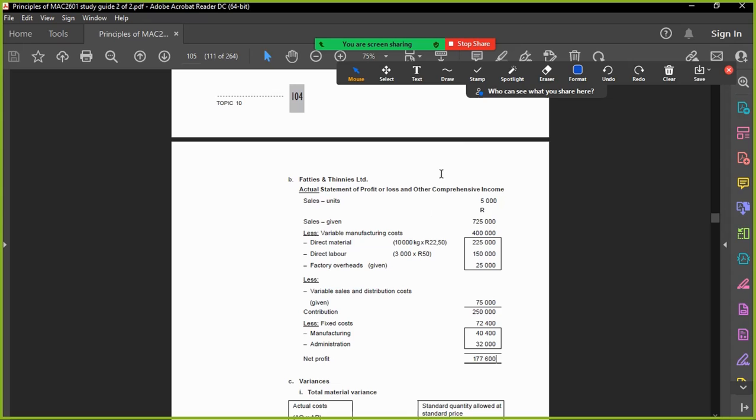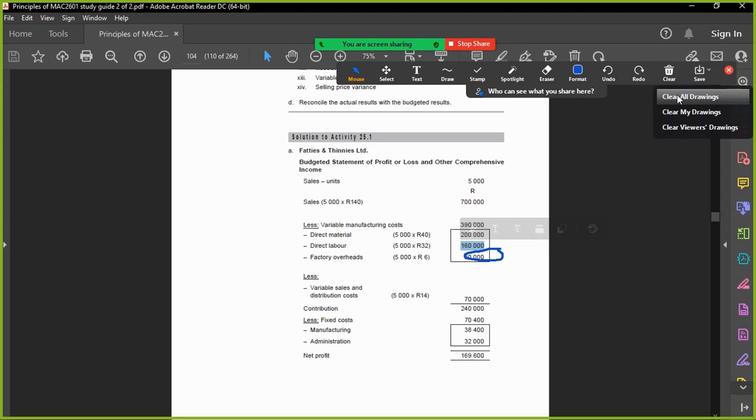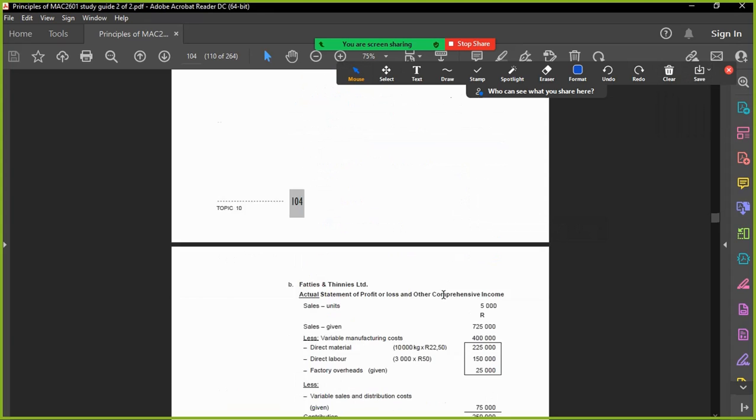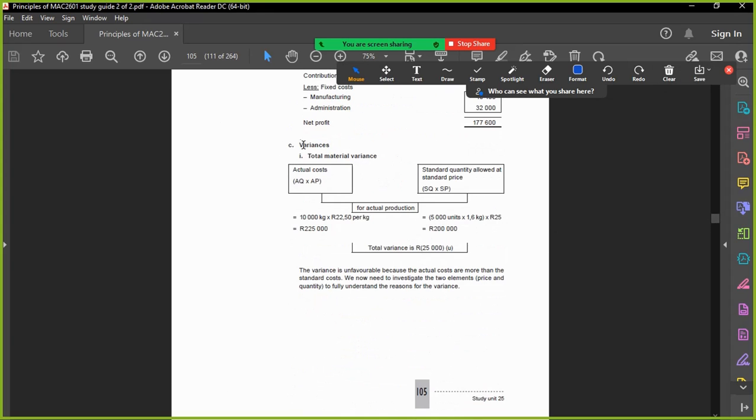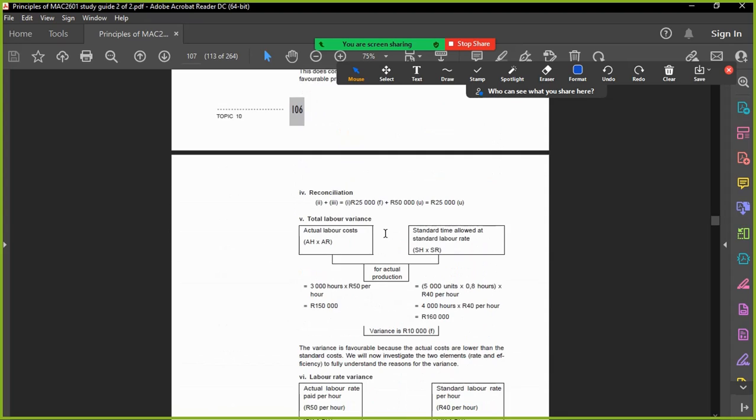Everything is fine. But now have a look at this. If we're talking about variances, can we compare labor? Yes, we can. 150 here. And what's labor up here? 160 there. Do you see that? Yes. And then you can compare variance. So if you look at section C, here they looked at material, but where's the labor? Here's the labor.